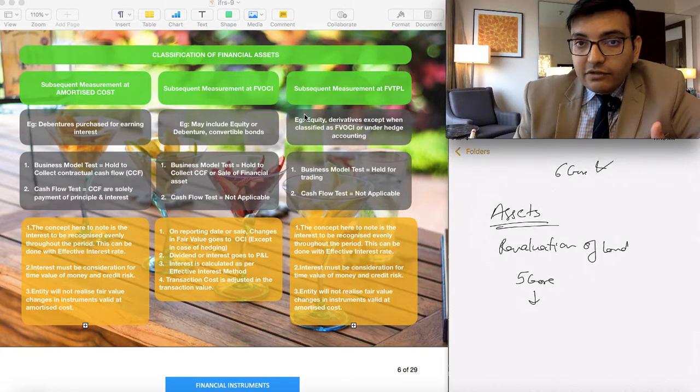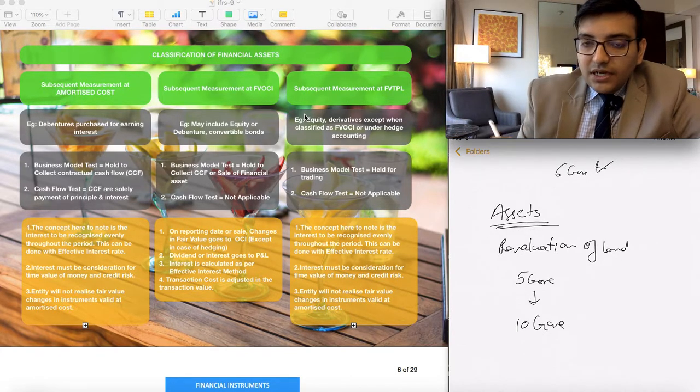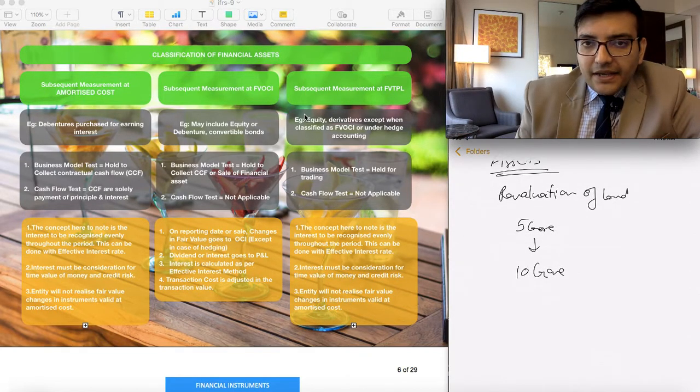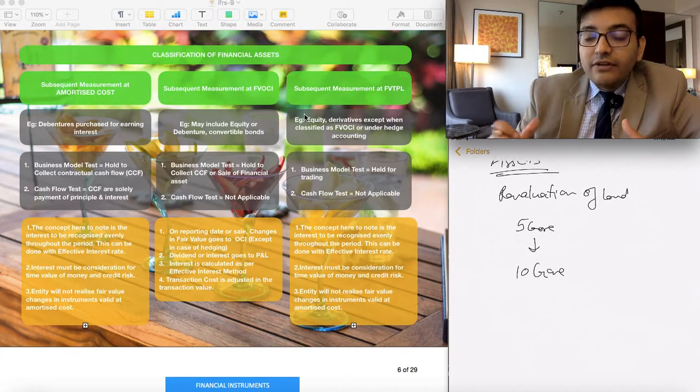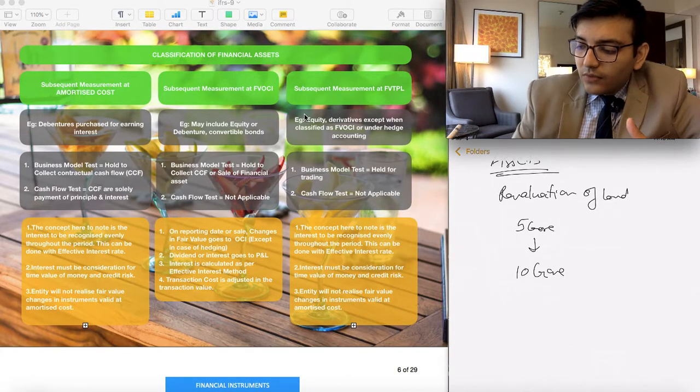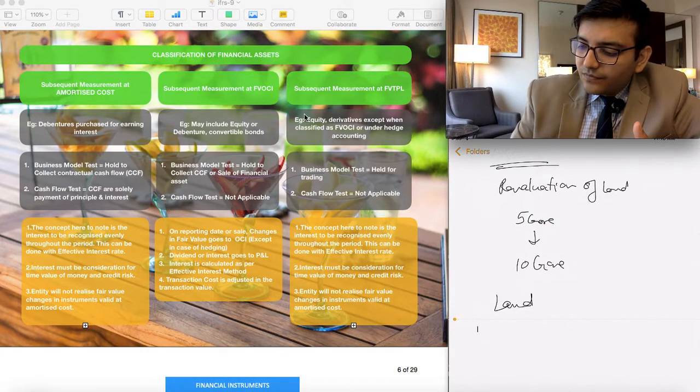It was revalued after 2-3 years, and we suddenly found that it is 10 crore. So in that case, when the value increases, you have to give the second impact somewhere. What will the entry be? It will be land account debit.